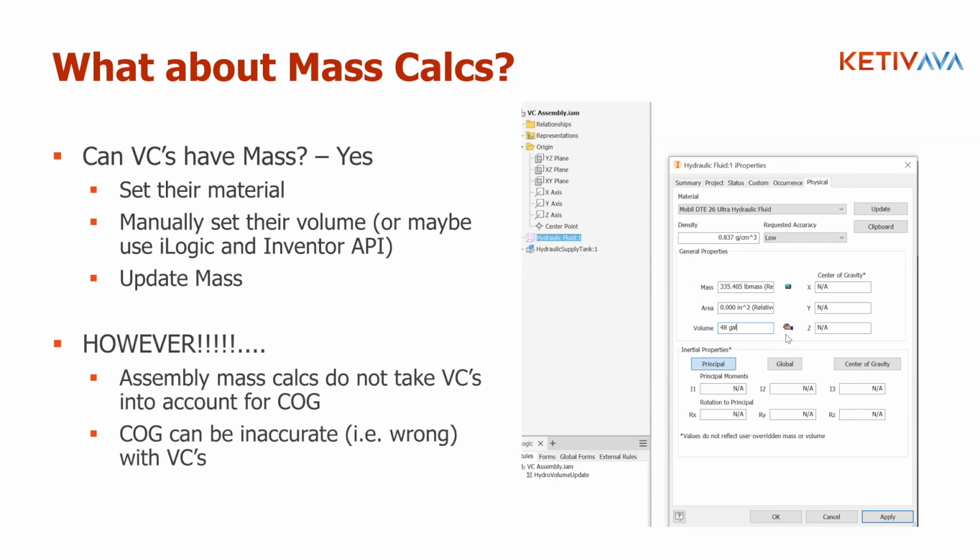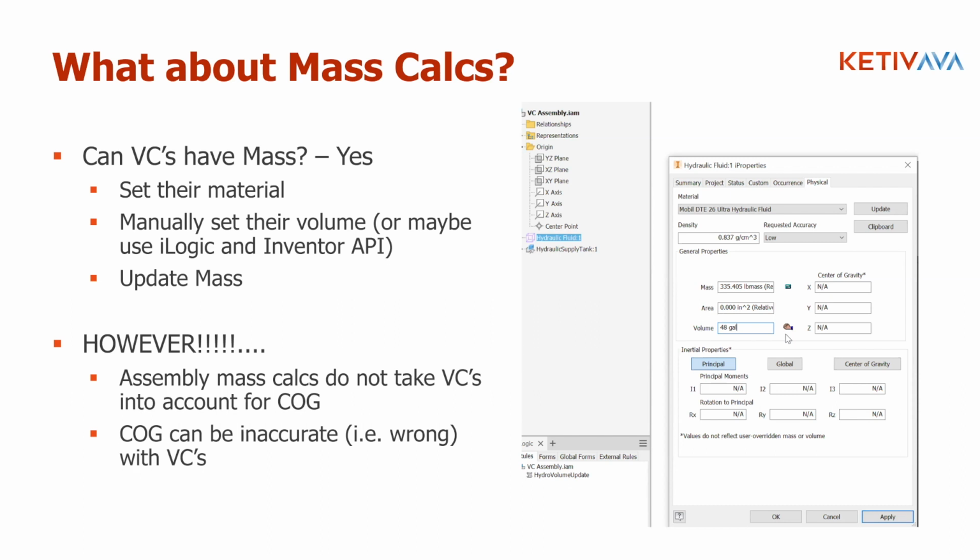However, the assembly mass calculations don't take into account virtual components when they're calculating the center of gravity. So the polite way of saying this is the center of gravity can be inaccurate with virtual components. The way I would put it is it will always be wrong with virtual components. The reason is this: the center of gravity is calculated using the Autodesk Shape Manager, which is the modeling kernel at the heart of Inventor.